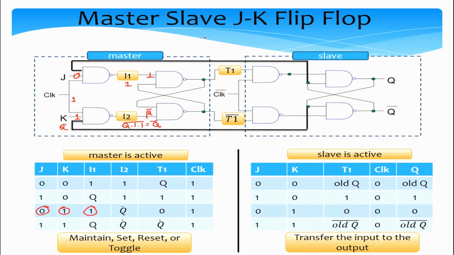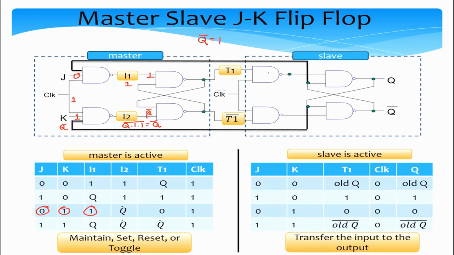Let's consider two cases: the case where Q bar is equal to 1 and when Q bar is equal to 0. So if Q bar is equal to 1, we'll have 1 and 1 as both the inputs. So the value will be maintained. Whatever is the old value of T1 and T1 bar, the same value will be maintained.